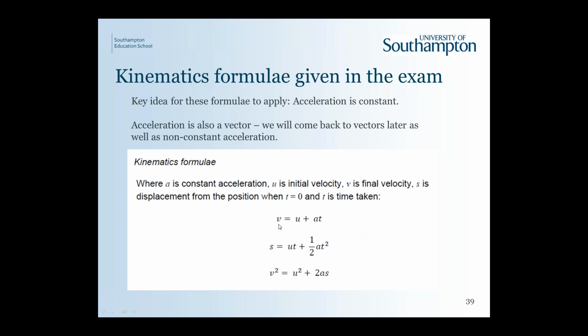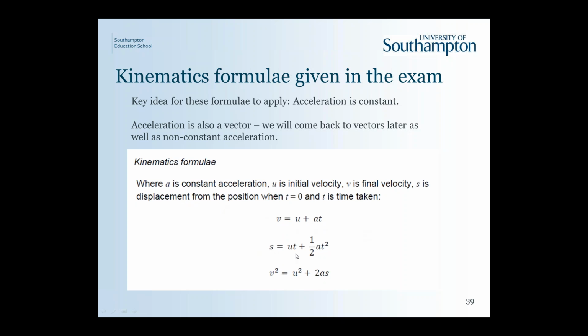So this one, the v equals u plus at, is final velocity is the initial velocity plus the acceleration times time. The s is displacement. So I think the students think that's a bit weird, they don't have to use a d, but it is an s.